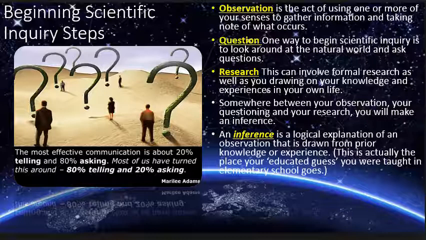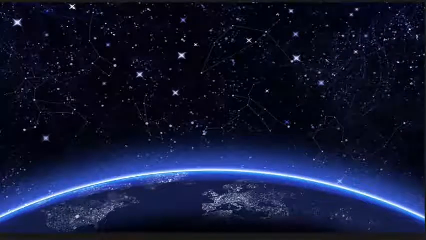You've since learned that educated guess is really not a good definition for a hypothesis, although there is some guessing involved. The educated guess is more like the inference. So it's like, this is caused by, maybe it's caused by this, and you do a logical explanation of it based on your research and all that kind of stuff. And your inference plays a key role in developing your hypothesis.